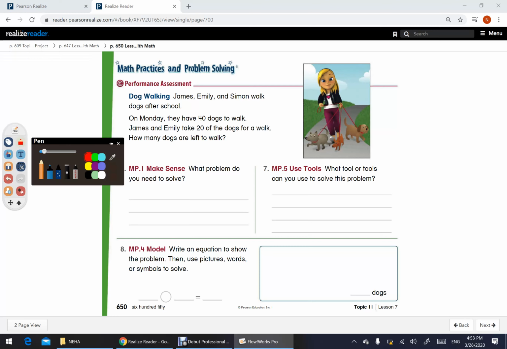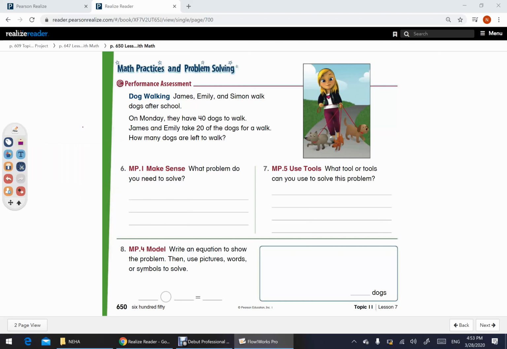Now, dog walking. James, Emily, and Simon walk dogs after school. On Monday, they have 40 dogs to walk. James and Emily take 20 of the dogs for a walk. How many dogs are left to walk?